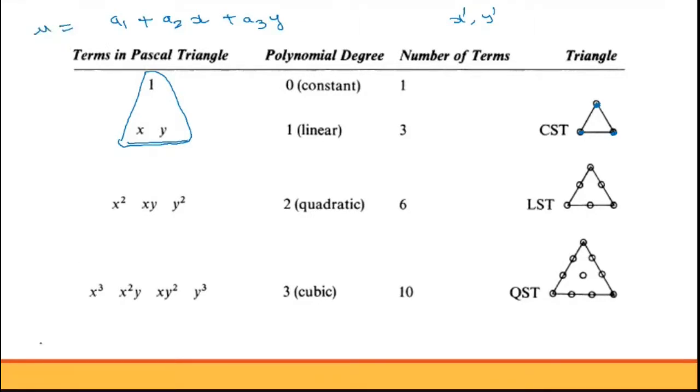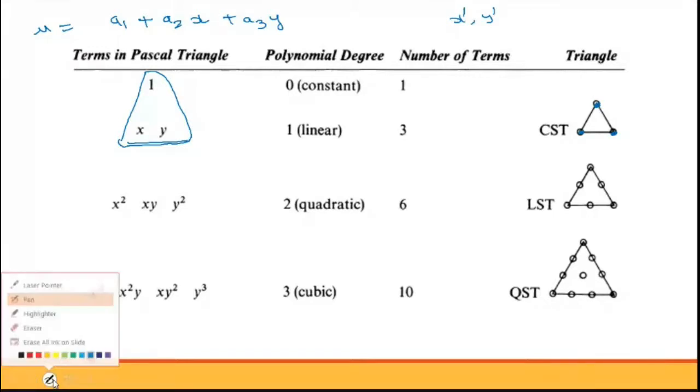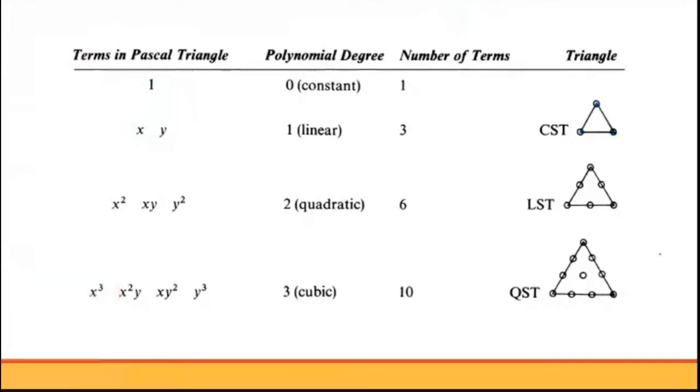If I need more degrees, for example, let me go for the LST element. LST is the linear strain triangular element, right? It has nodal points in between the corners, even at the midpoints. So this is one element, and you have 6 nodal points, and your polynomial degree is x square.